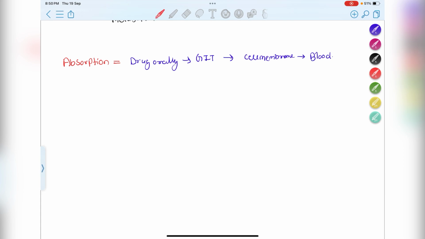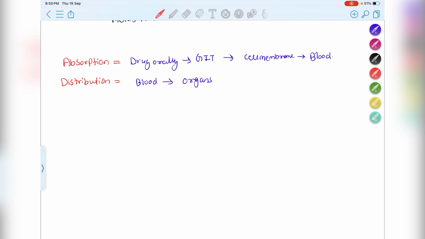Right, now what happens in the distribution? During the distribution process, as we have seen in the absorption, the drug has reached the blood. Now from the blood it will reach the organs.